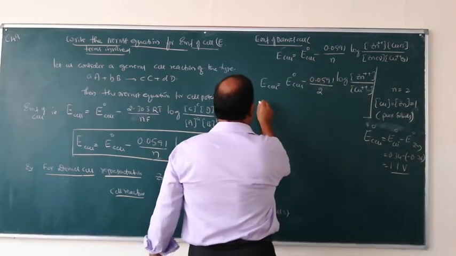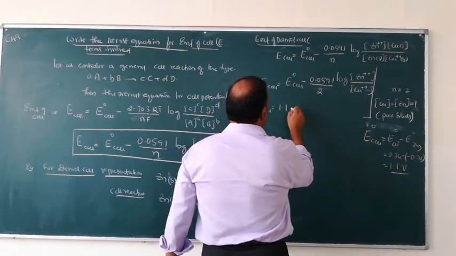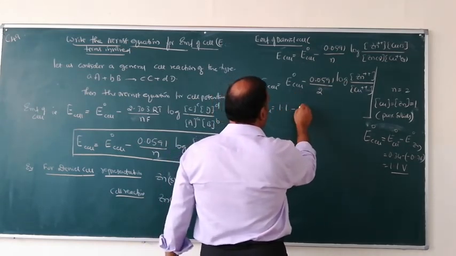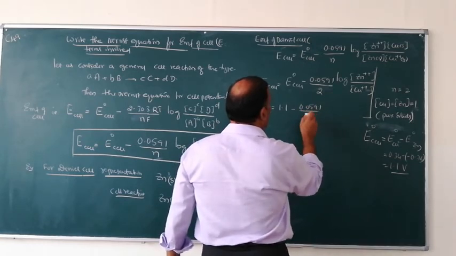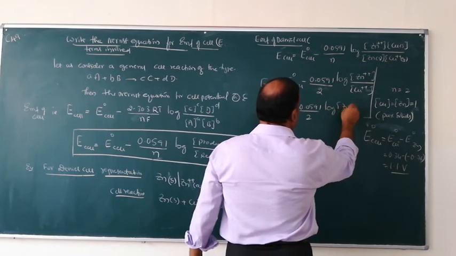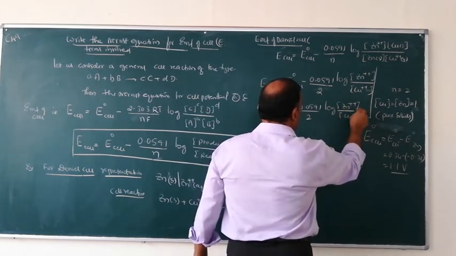So E cell is equal to 1.1 minus 0.0591 divided by 2 log of concentration of Zn2+ divided by concentration of Cu2+.